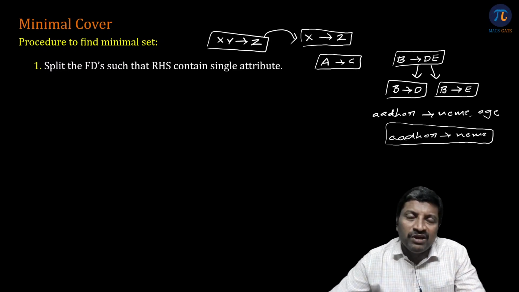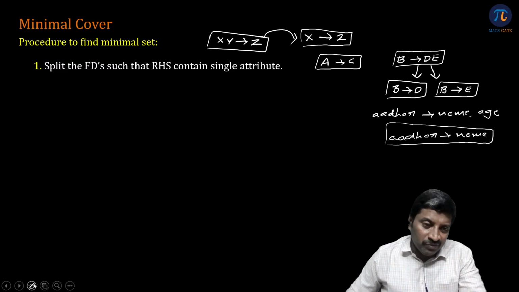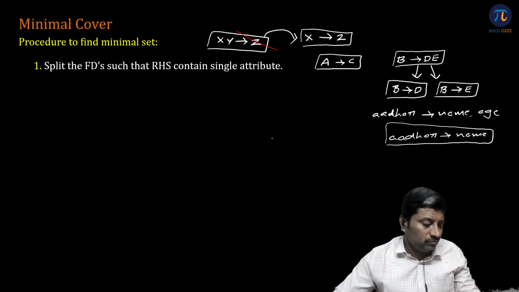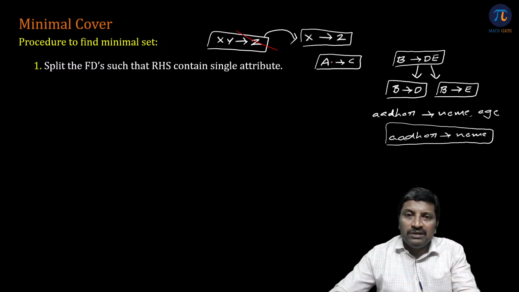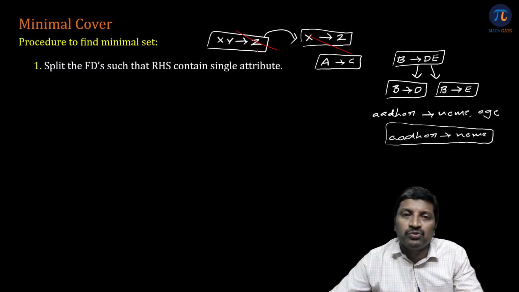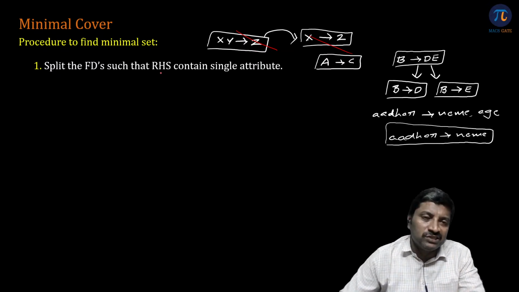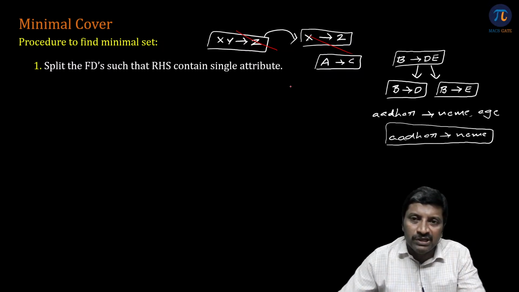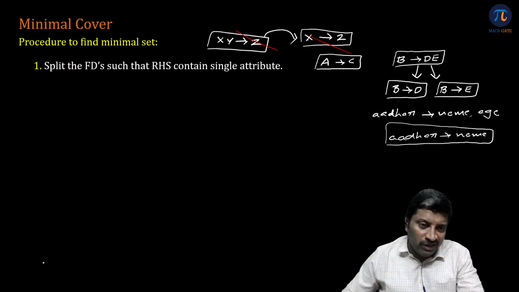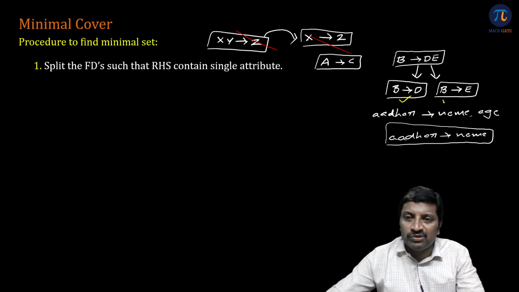When we have only x, it may or may not be possible. So the right side can be split, but the left side may be split only if we have a procedure to verify it. We will see it later. So as of now, whenever the RHS contains two or more attributes, we need to split it so that the right side contains only one attribute. Hope you understood the first step.